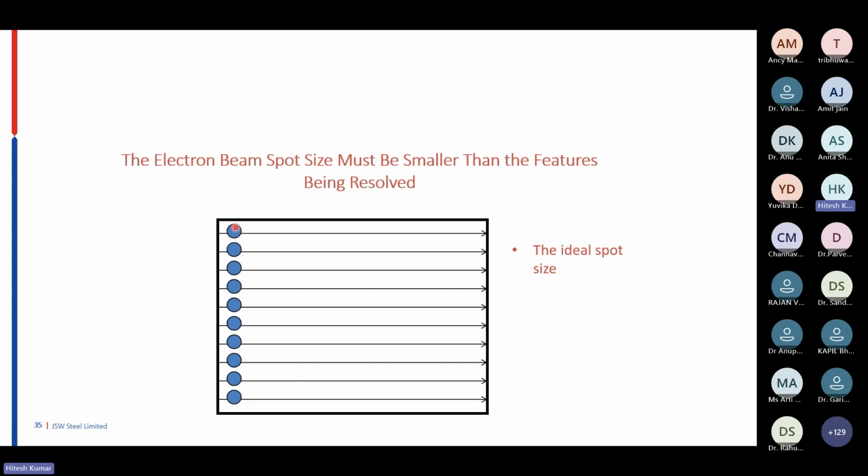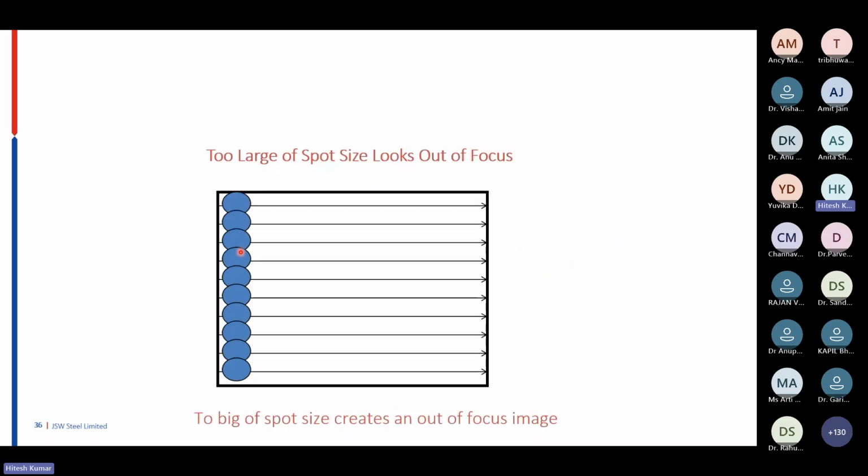This is a spot size. If one spot size does not overlap the other, the features are resolved quite well. But if your spot size overlaps the other spot size, the resolution is going to be reduced. So the overall resolution is not proper in that manner.